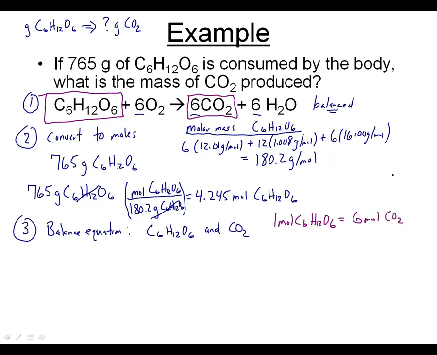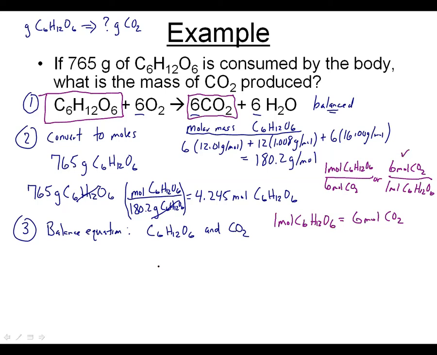That again is going to allow us to write 2 conversion factors, 1 mole of C6H12O6 over 6 moles of CO2, or the opposite, 6 moles of CO2 over 1 mole of C6H12O6. So we want to choose the one that's going to help us get to where we need. And again, just so happens to be it's on the right-hand side here.